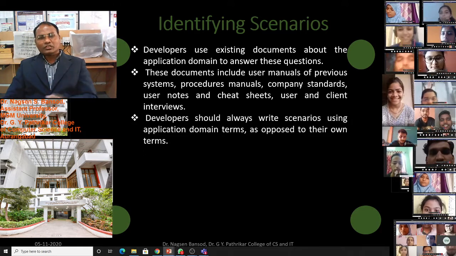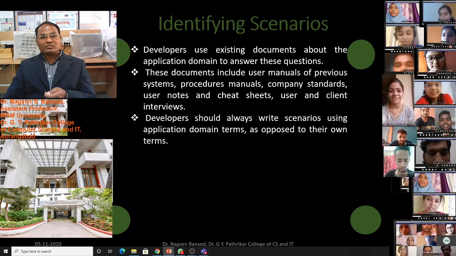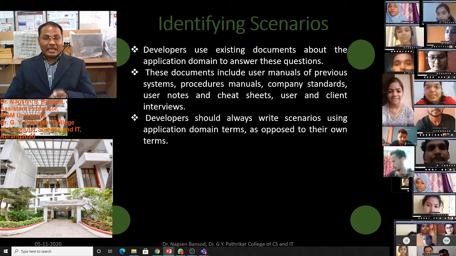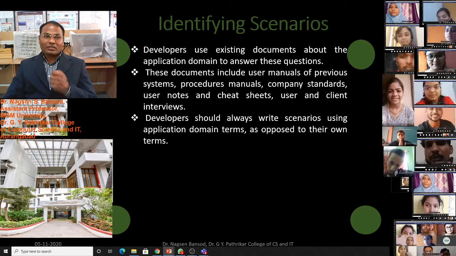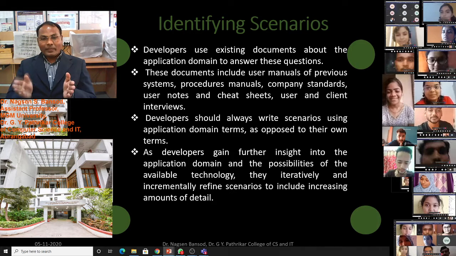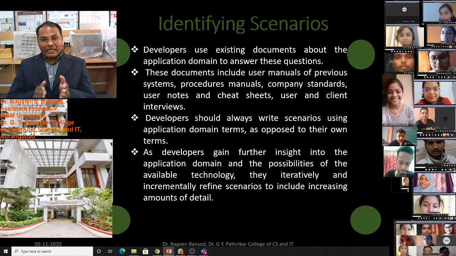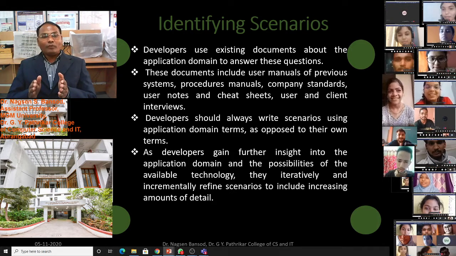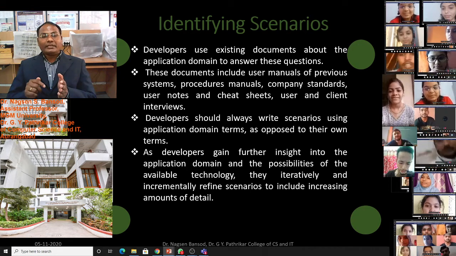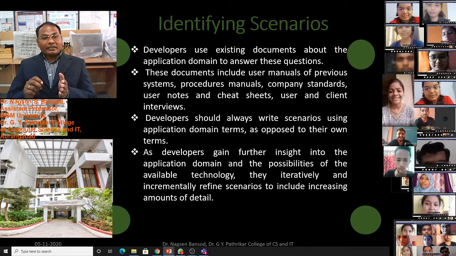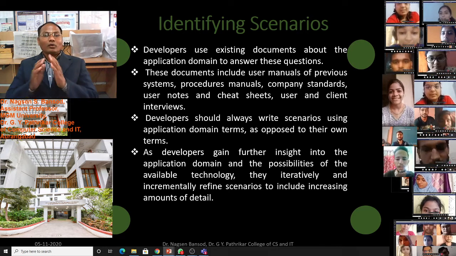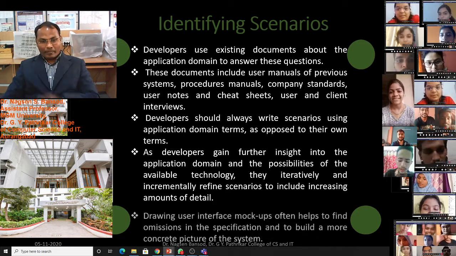All this information we have to collect into the scenario. Developers should always write scenarios using application domain terms as opposed to their own terms. As developers gain further insight into the application domain and the possibilities of the available technology, they interactively and incrementally refine scenarios to include an increasing amount of detail.